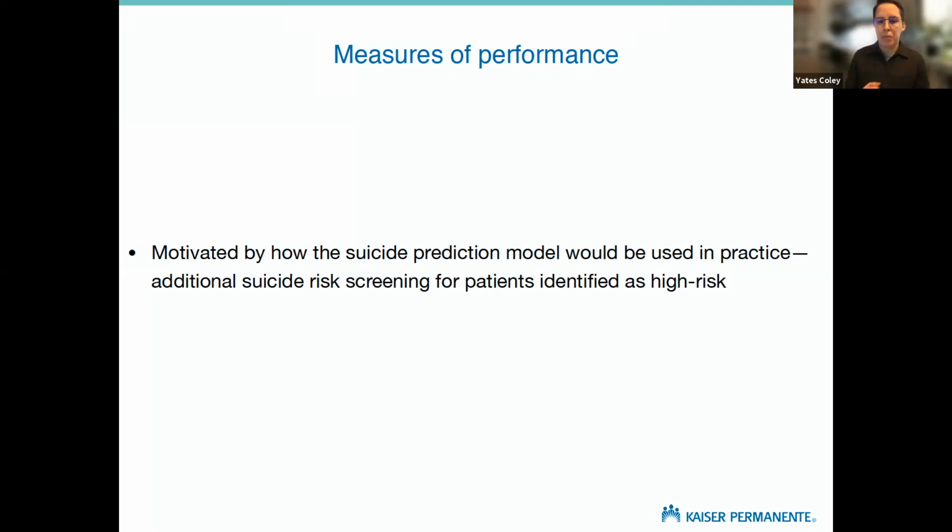So when comparing performance of suicide prediction models across racial and ethnic groups, we're most concerned with how well visits are ordered with respect to risk, so that this group of highest risk patients is accurately identified. While calibration is a measure commonly looked at in evaluating prediction model performance, we weren't particularly concerned with the accuracy of absolute risk predictions because we were focusing on this classification and ordering. So that is not a measure that we looked at.